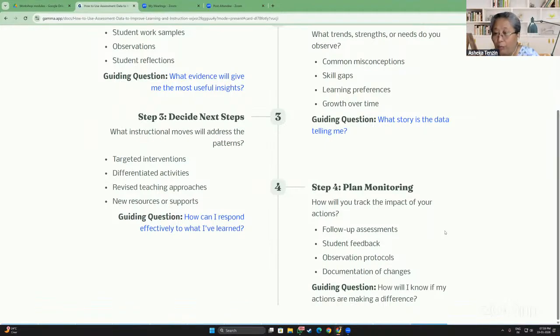How will you know? What you will do is you will have follow-up assessments. You will get student feedback. Also, observation, look at the data again. Okay, and you document all the changes that have taken place. If you feel that the student has improved in the learning, then you document it.